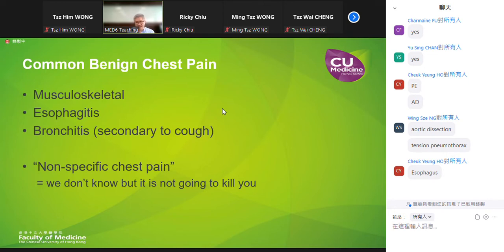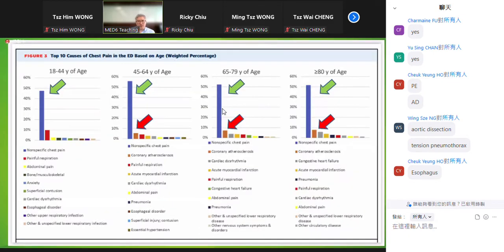But this is just the scheme of things. Depending on what population you see, if you look at the most common causes, you can see that by far, at all age groups, most of it is non-specific chest pain. That's more like the real world. If you go to coronary care, yes, every chest pain is some sort of severe MI.